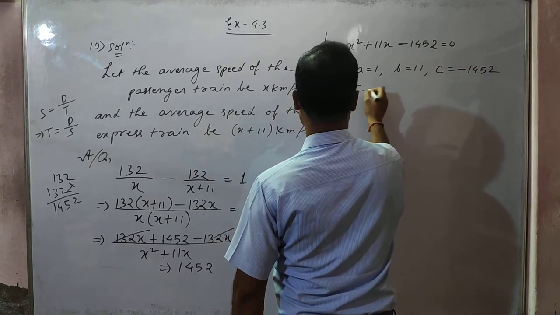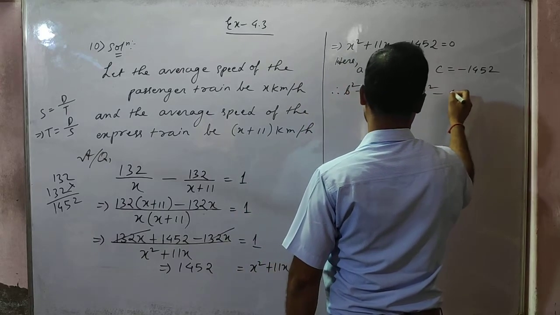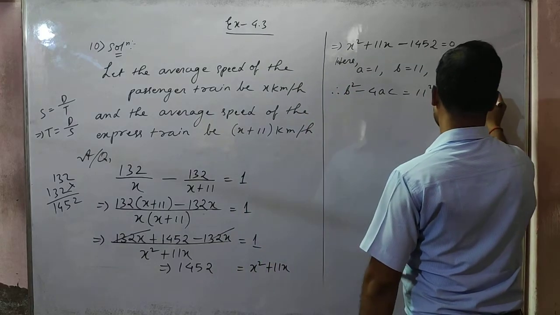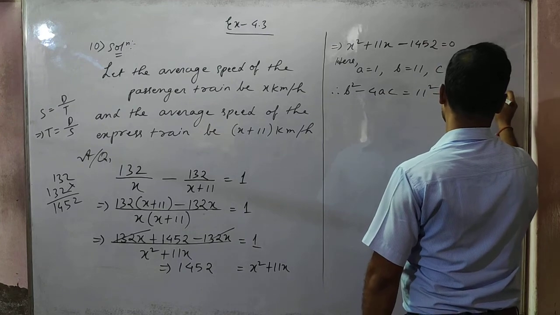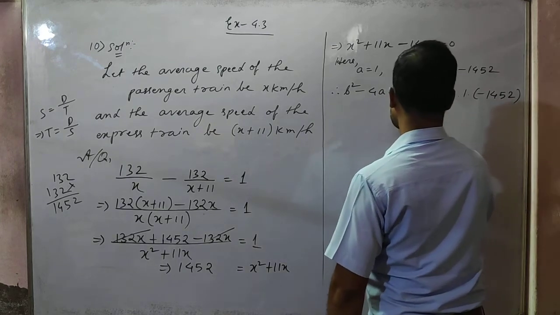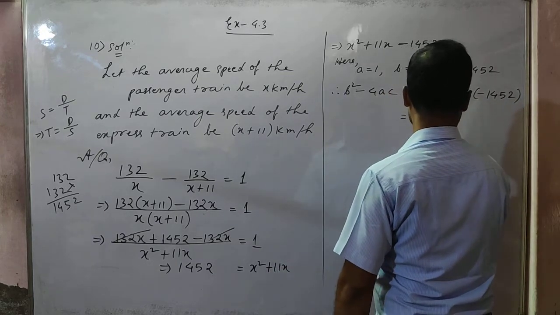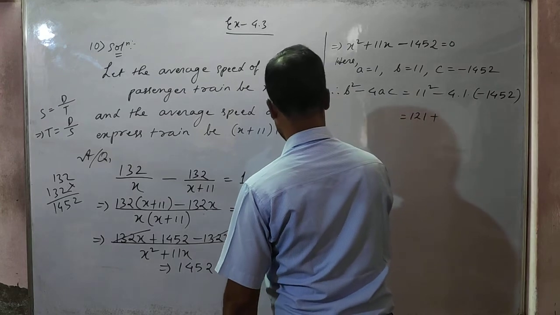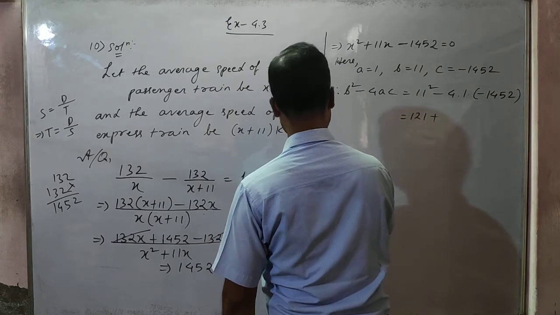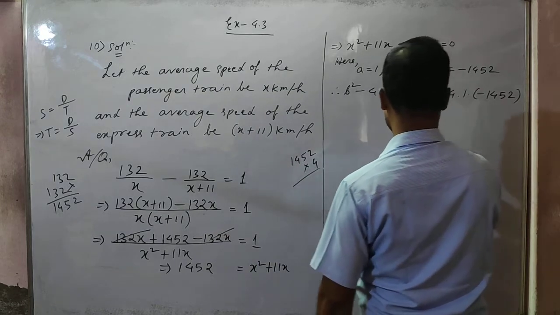Therefore, b square minus 4ac is equal to b square minus 4 into a into c, minus 1452. So 121 plus 4 into 1452. 11 square means 11 times 11, 121.